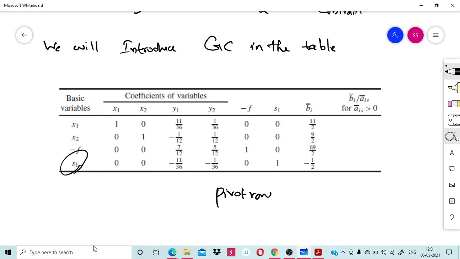So in this case, that means the most negative value in the bi column, that is in the solution column. That is nothing but your s1 row. So this will be your pivot row. Then that means s1 will be the leaving variable.